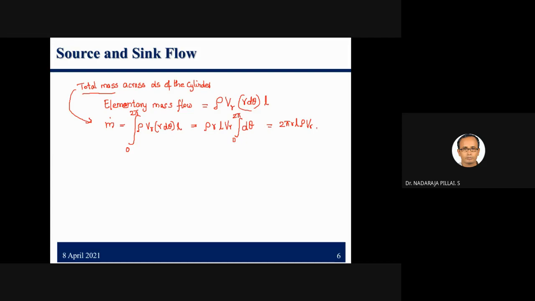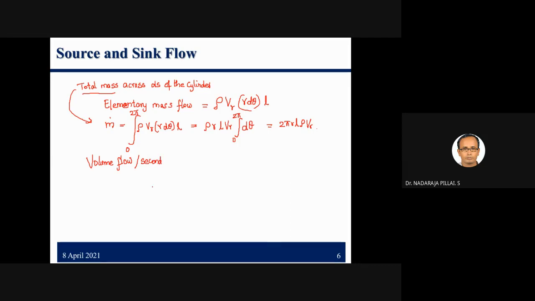So what is rho? Rho is defined as the mass per unit volume, and m dot is mass per second. Then we need to calculate the volume flow per second.